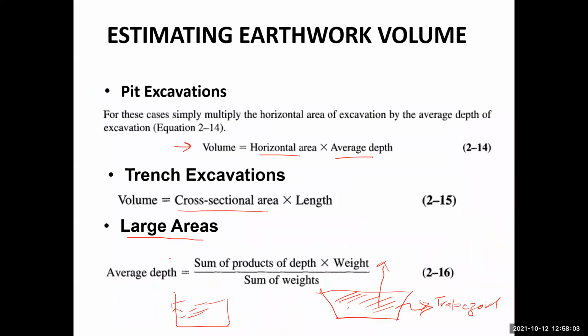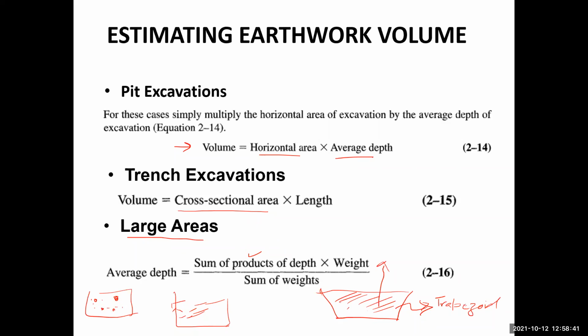And for large areas, there is this general formula. This general formula says that the sum of the products of the depth times weight, divided by the sum of the weights. So if we take several points over this large area, we take the depth or the amount of excavation needed at this point, and at the other point.